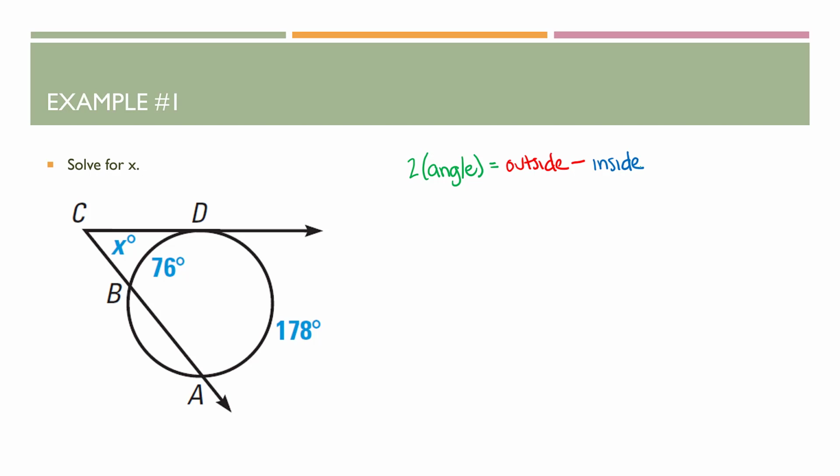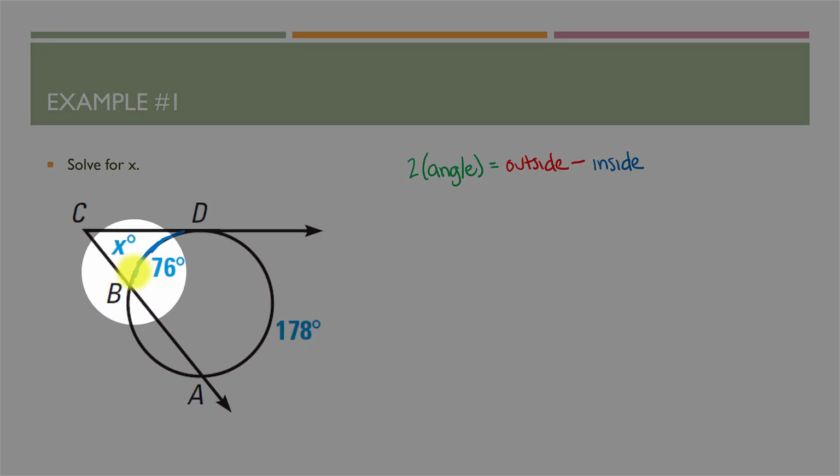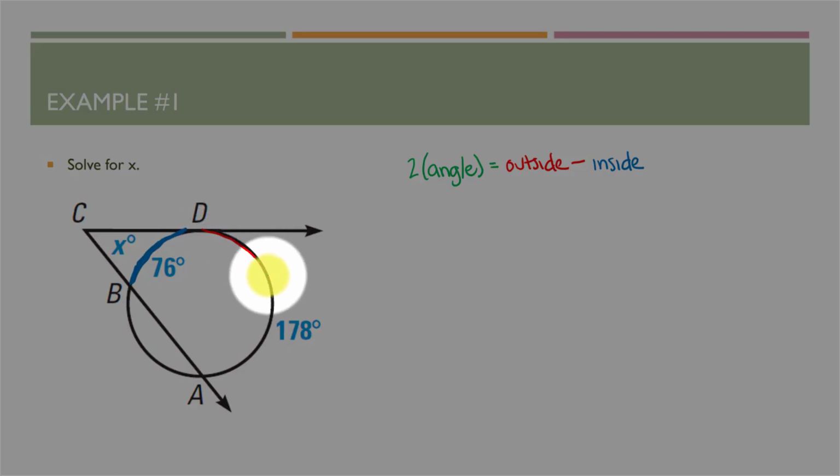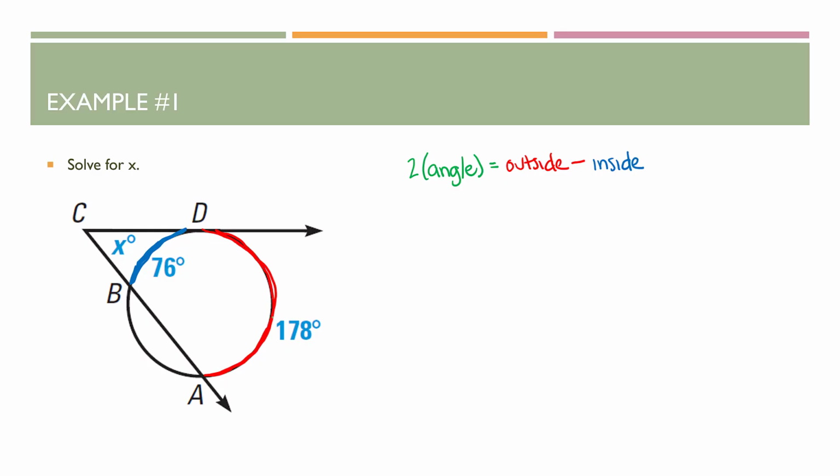The inside arc is the arc that's formed by the sides of our angle that's closest to the angle. So this arc here is our inside arc. And the outside arc is the arc formed by the sides of the angle that's furthest away. So this here is our outside arc.